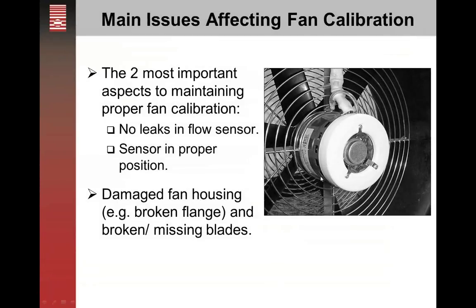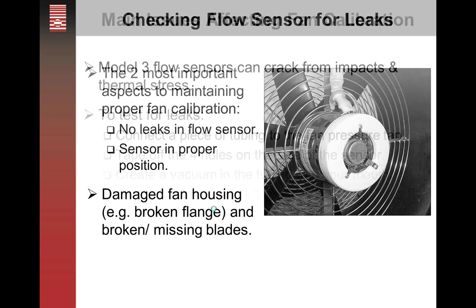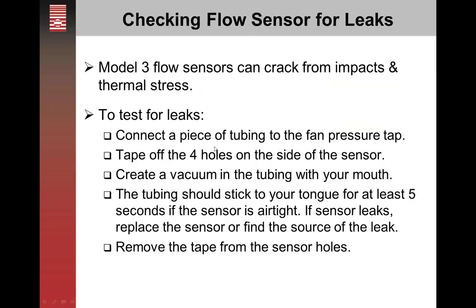So we want to make sure that there's no leaks in the fan flow sensor, and we also want to make sure there's no damage to the housing or any broken blades. We can check the flow sensor for leaks by just taping off the holes and creating a vacuum with tubing and determining if there's a leak in that flow sensor.